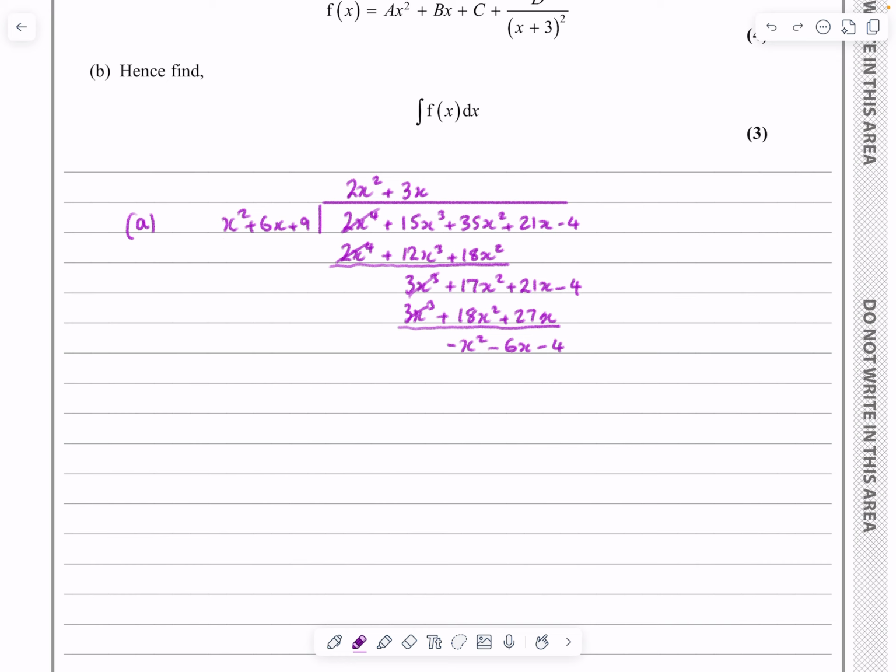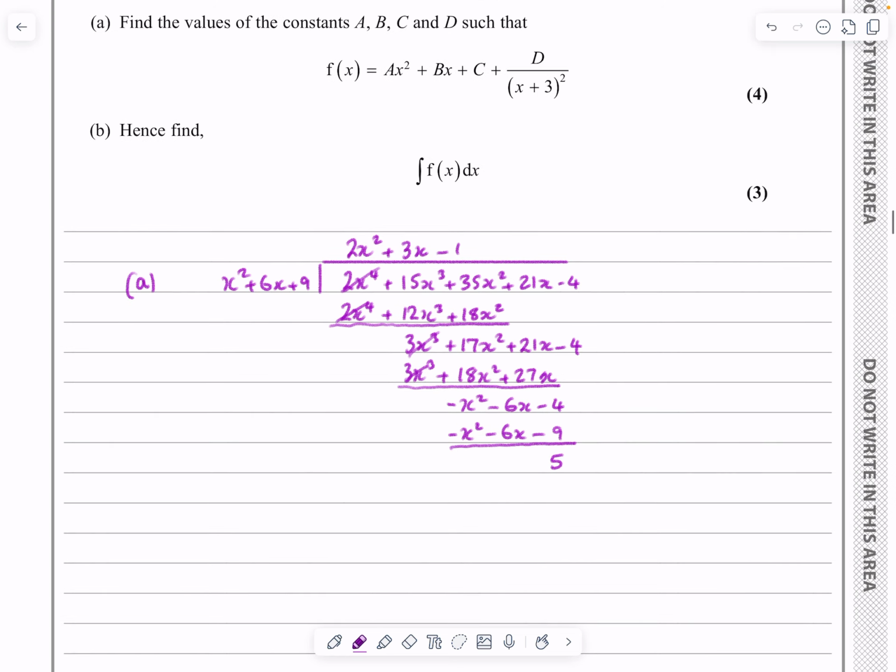Well, it goes in minus 1 times, so minus 1 all multiplied by this is going to give me minus x squared, minus 6x, minus 9, and we knew it wasn't going to be a factor. We knew it wasn't going to have a 0 remainder when I do that. Just be careful with this last step. First two are okay, but minus 4 minus minus 9 is minus 4 plus 9, which is going to give me a remainder of 5.